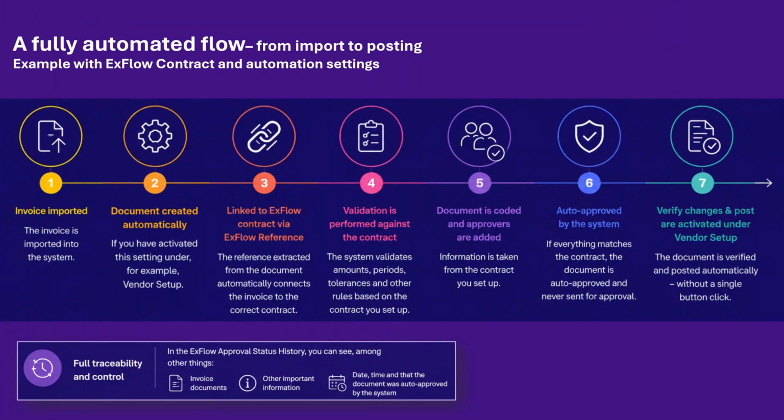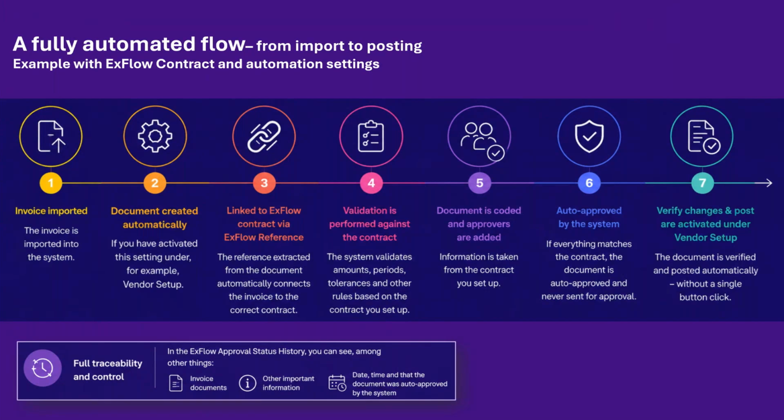You can then combine this with the vendor setting that we mentioned earlier, automatically create documents during import, and that is when you really start getting a fully automated workflow. So the invoice is imported, the document is created automatically, the contract is identified through the reference, and validation is performed against the contract and the rules you configured.